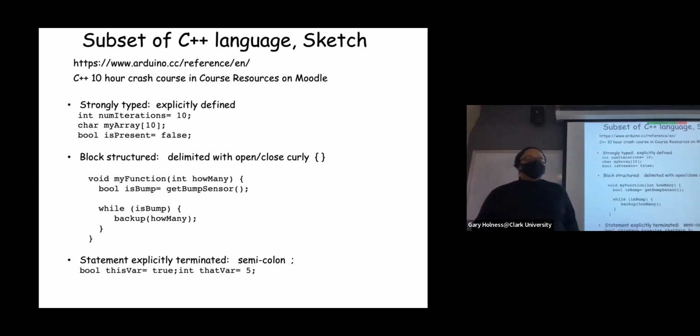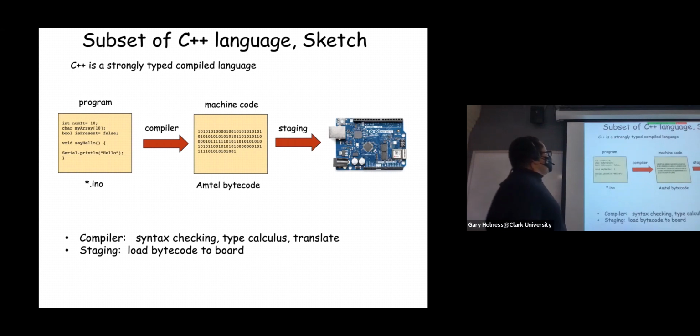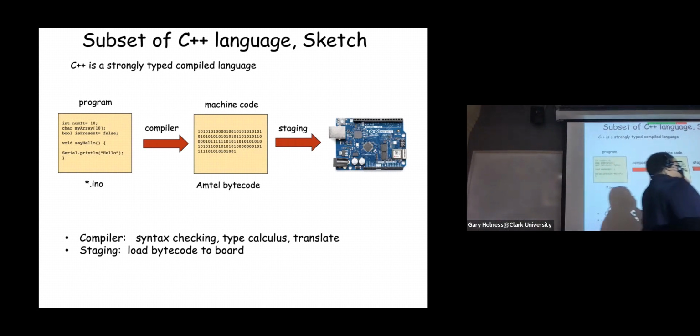Okay? All right. And so C++ and therefore Sketch is a compiled language. Compiled language means that it's translated from source code, which is just a text file, into bytecode, which is the sequence of zeros and ones, the machine code that's understood by the platform.